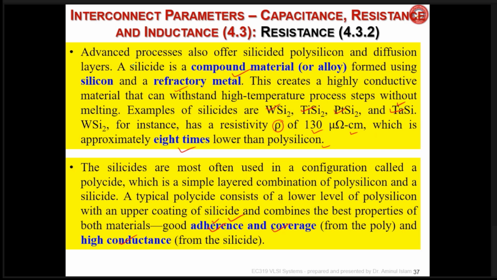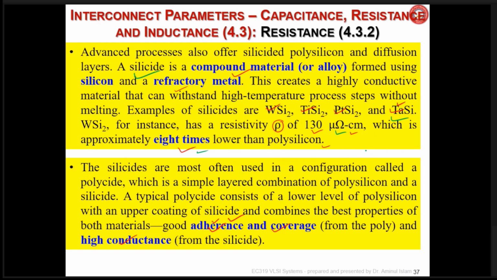Silicide is nothing but a compound material or alloy of silicon and refractory metal like tungsten, titanium, platinum, tantalum, etc. For instance, WSi2 has a resistivity of 130 micro ohm centimeter, which is approximately 8 times lower than the polysilicon. So if you apply a layer of this material, then altogether resistance will be less.